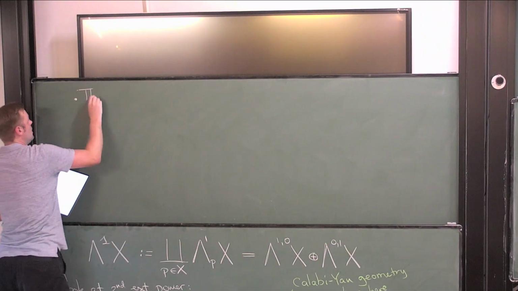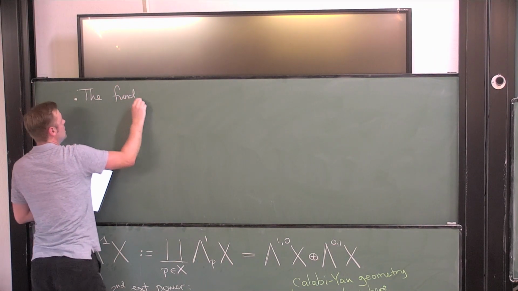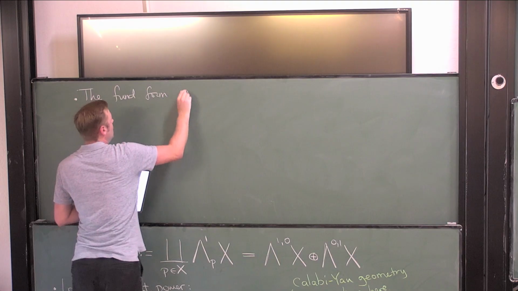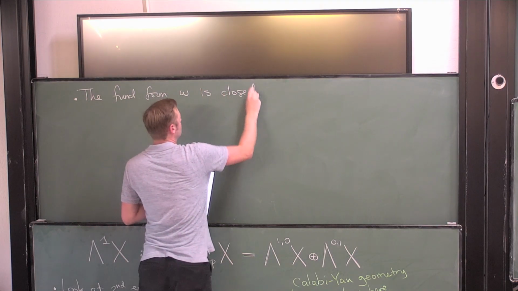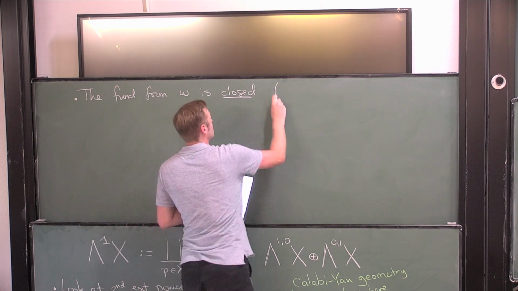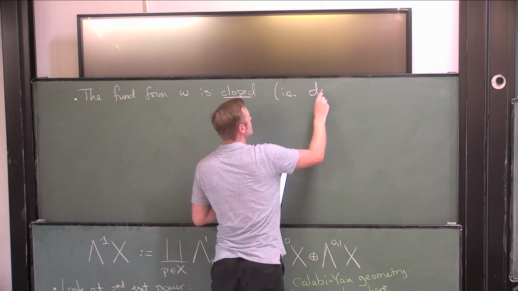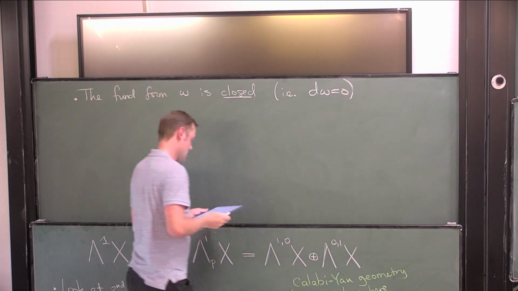So the fundamental form omega is called closed. We write this as d omega equals 0.